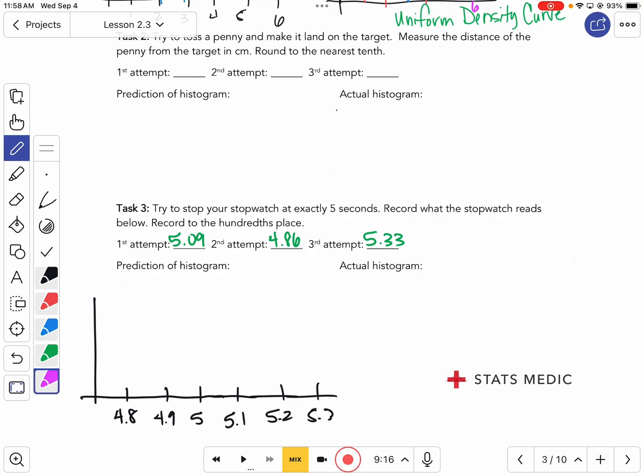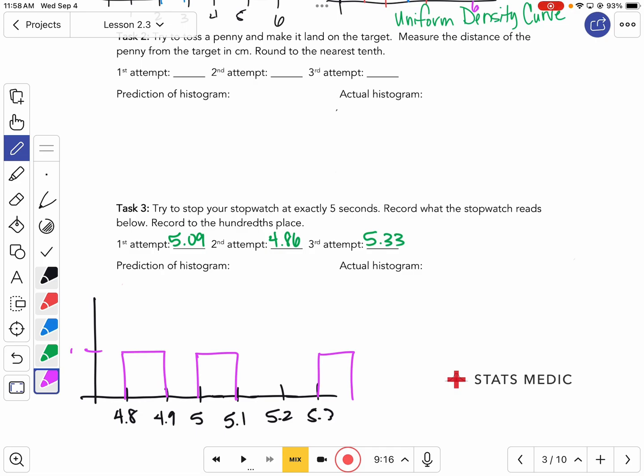And so if I draw my histogram, it would look something like this. The first one was 5.09, so I had one that fell right here. 4.86, I had one that fell right here, and then 5.33, I had one that fell over here. Well, that's not very good. Did y'all do better? Did you get closer? Did anybody end up with multiples within the same interval if we did them by tenths?